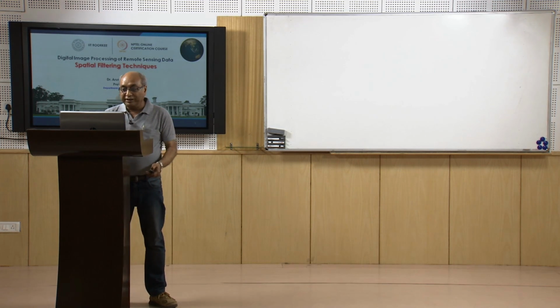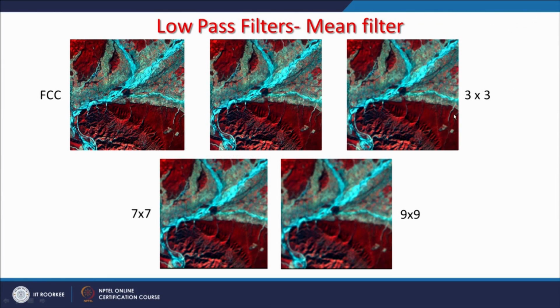So more areas are involved in calculating a value for a target pixel or center pixel, and therefore it will reduce the local variations very significantly, as you can compare between the 3 by 3 filtered image and the 9 by 9 filtered image.